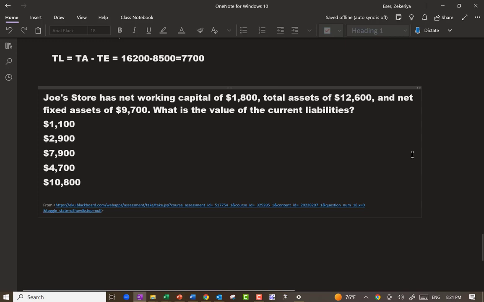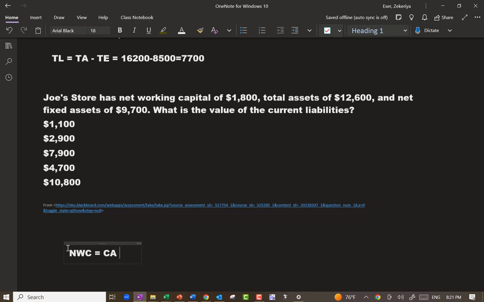What's the value of current liabilities? Okay. Again, I'm given this net working capital. So current liabilities is equal to current assets minus net working capital. So if I can figure out current assets, I'm home, right? Well, how do you think I can figure out current assets here? Somebody help me out.